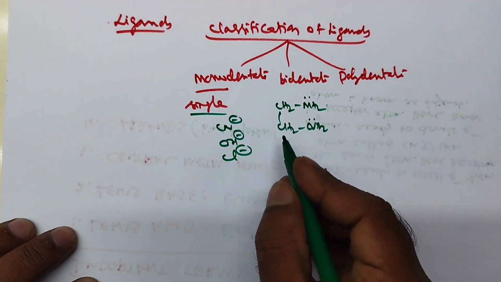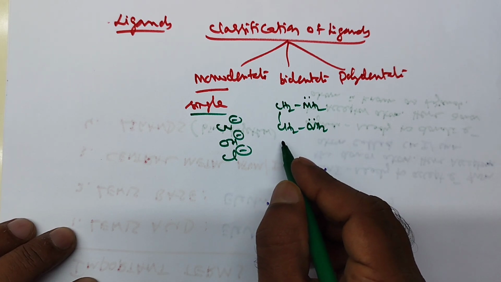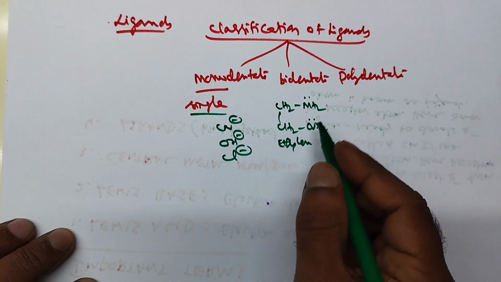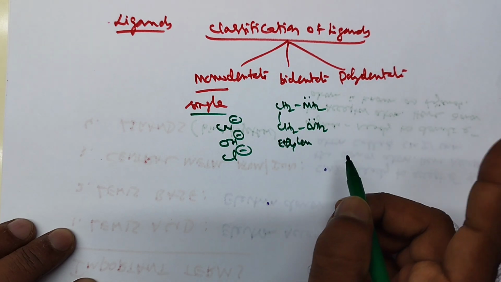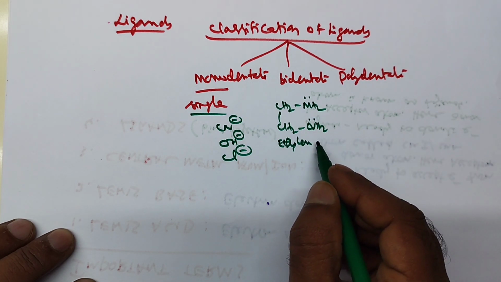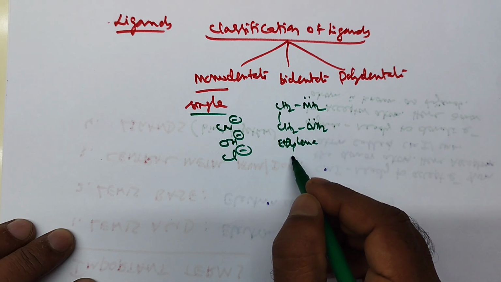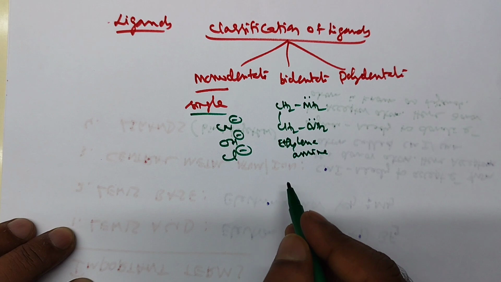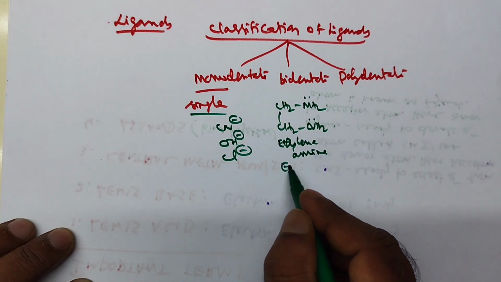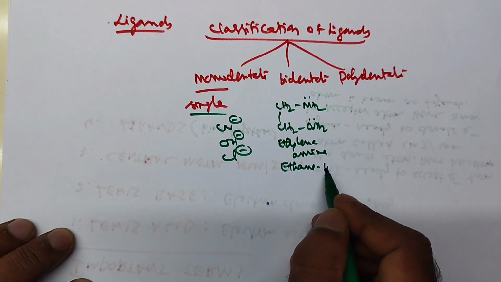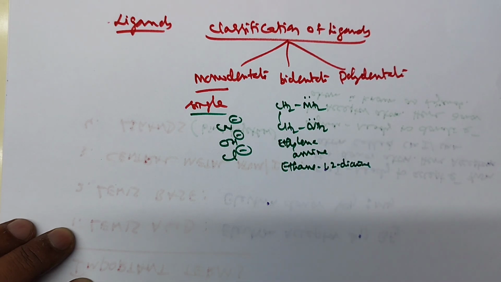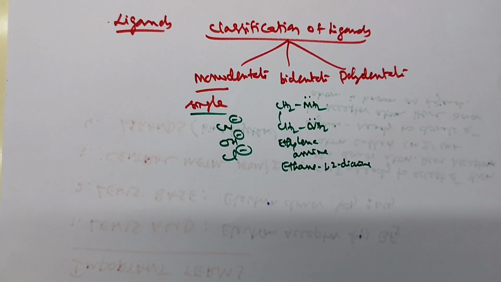Ethylenediamine is only one ligand but having two dentate, that means two teeth. Ethylenediamine is the common name, or you can say ethane-1,2-diamine. This is the name of this species.